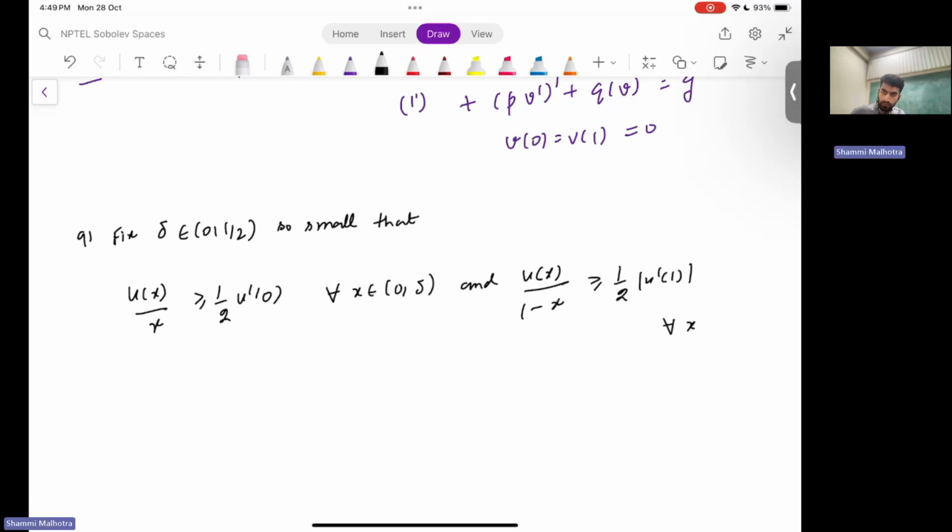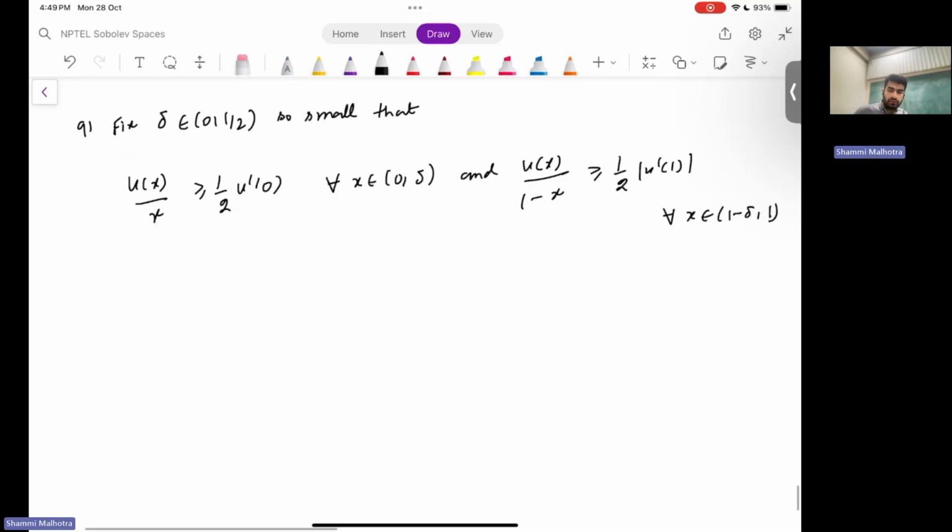That holds for all x in (1 minus delta, 1). So think about why such delta exists. This actually comes from the mean value theorem, or the continuity of u dash.